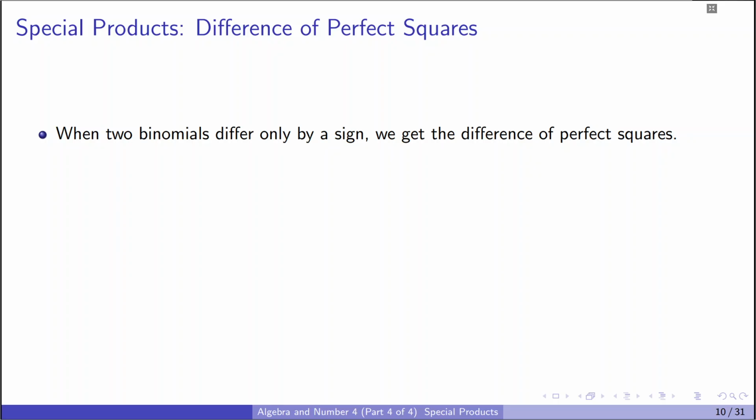Now, when binomials differ by a sign, we get what we call the difference of perfect squares. So if you have a plus b times a minus b, you get a squared minus ab plus ba minus b squared. Collecting like terms, the a squared comes through.